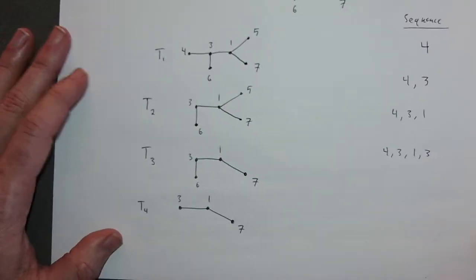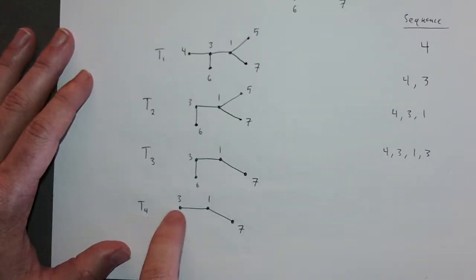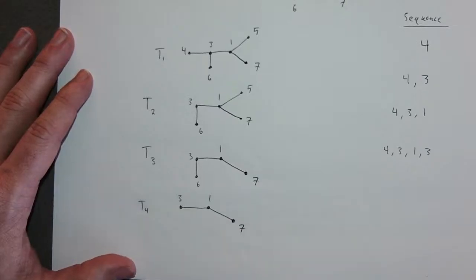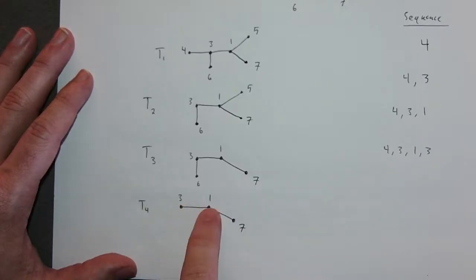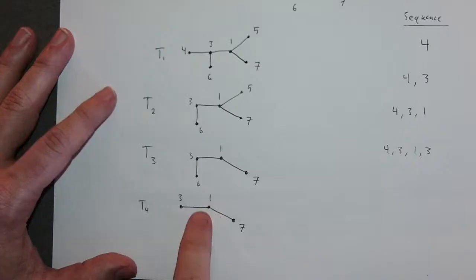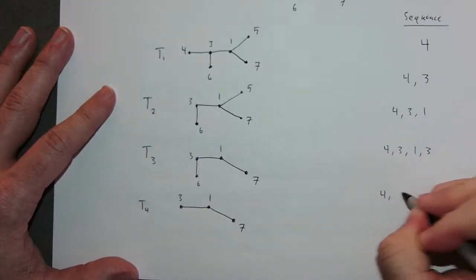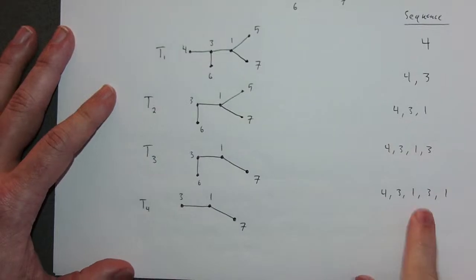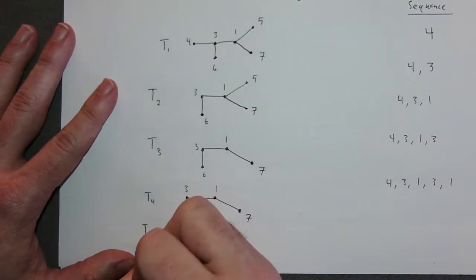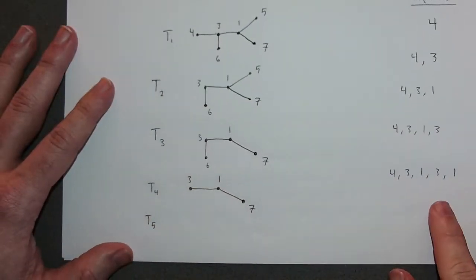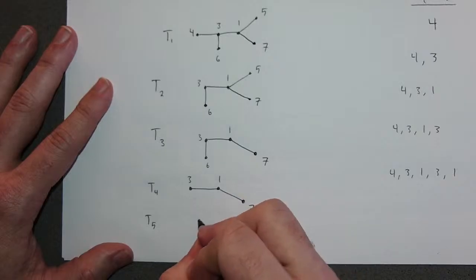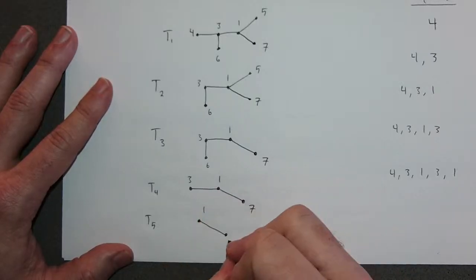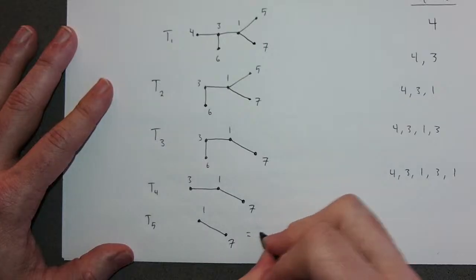So now the tree that I have here is this T sub 4, just 3 vertices. There's only 2 leaves, 3 and 7. The smallest numbered one is 3. Its only neighbor is 1. Therefore, the sequence becomes 4, 3, 1, 3, 1. Removing vertex 3, I end up with the complete graph on 2 vertices.